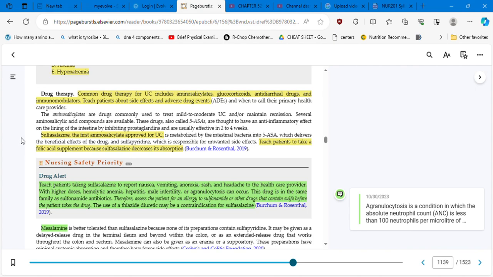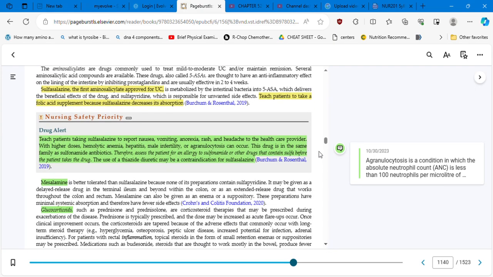And we know that folic acid is absorbed in the small intestine, right? Teach patient taking sulfasalazine to report nausea, vomiting, anorexia, rash, and headache to the healthcare provider.